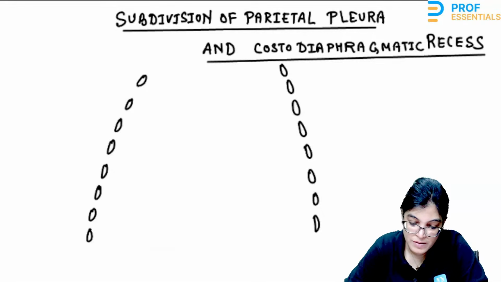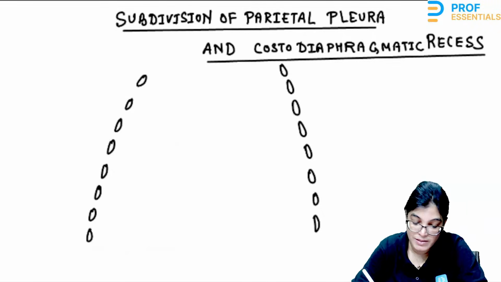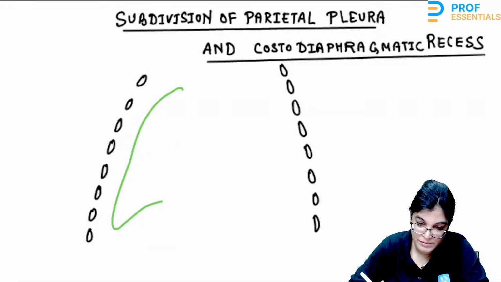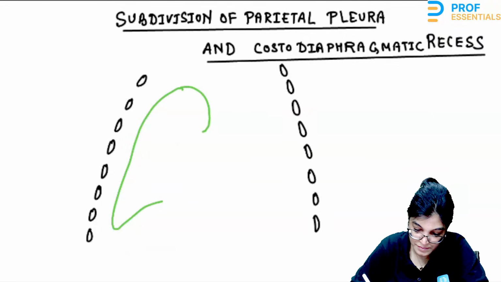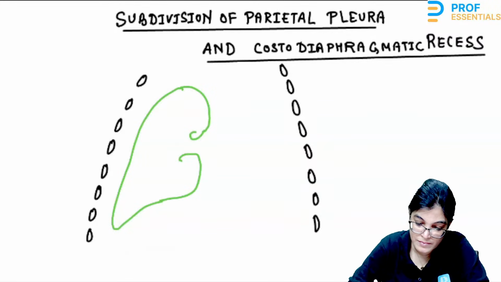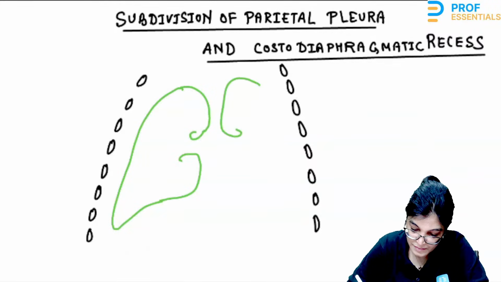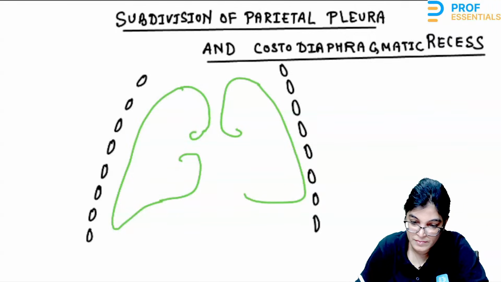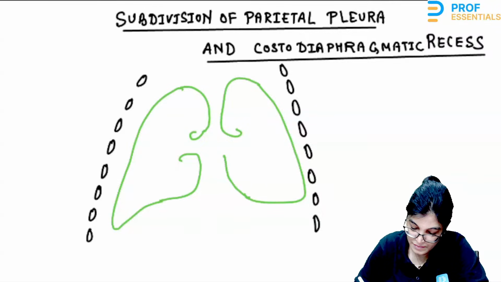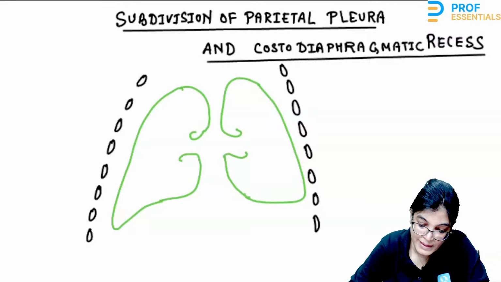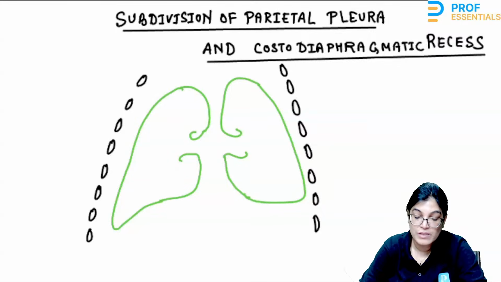We have green color for the outer parietal one, and violet color for the visceral.